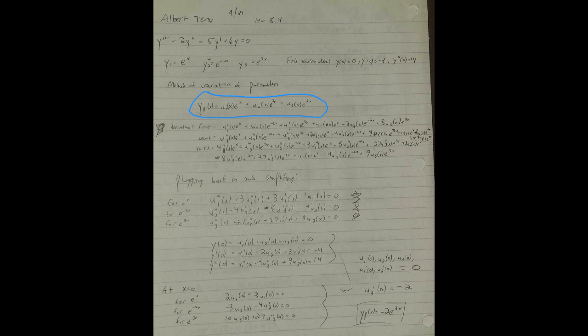If y1, y2, and in your case y3 are solutions to a third order equation, then c1 plus u1 y1 plus u2 y2 plus u3 y3 will be a general solution for the third order equation. This works for finitely many. So this is a very important point. Okay, keep going.